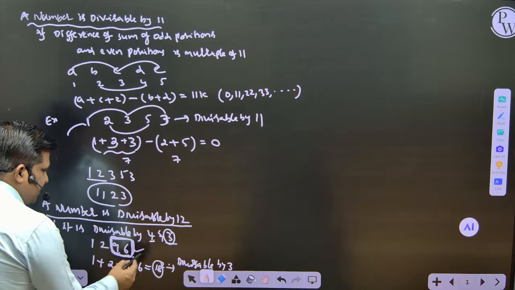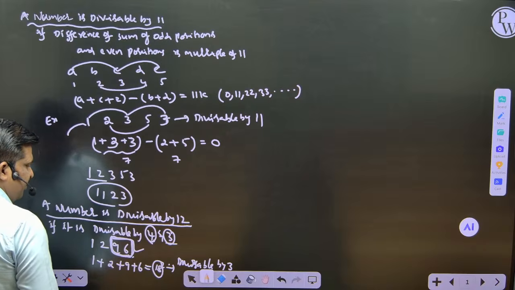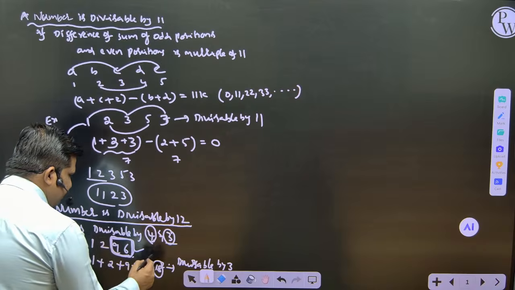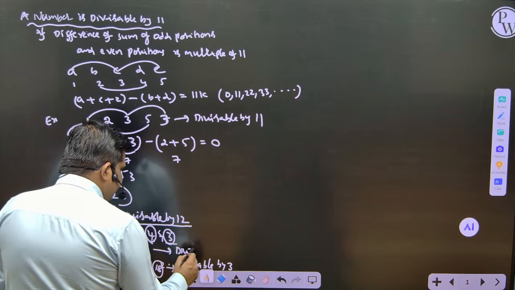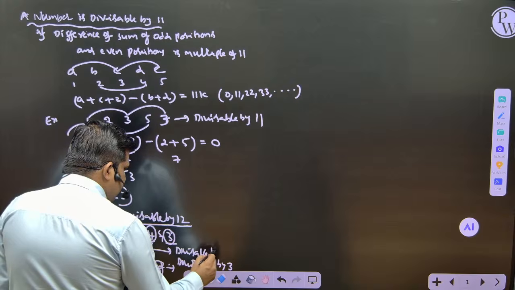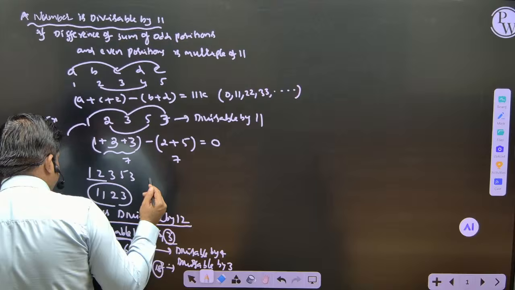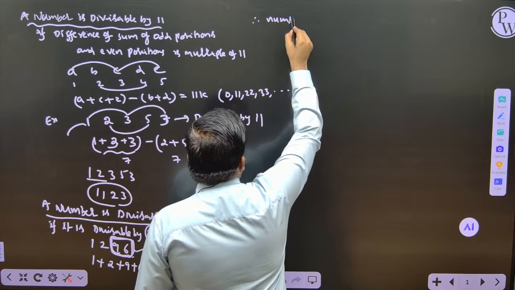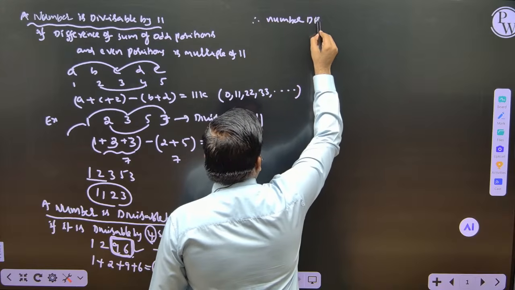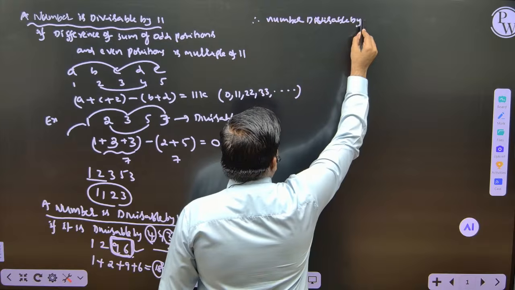So 96 is obviously divisible by 4, 24 fours. So it is also divisible by 4. Therefore the number is divisible by 12.